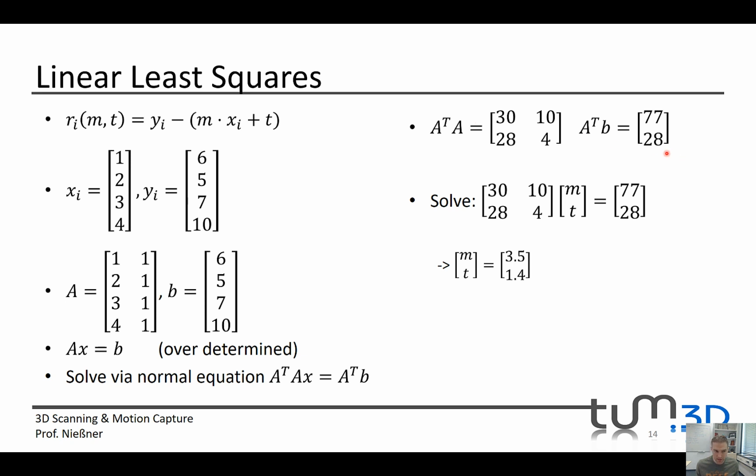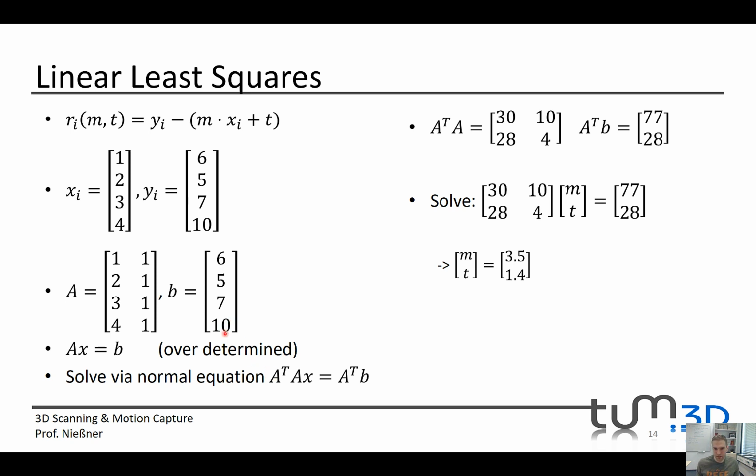Same thing for B: if you're multiplying B here with AT, you're going to get a two-dimensional vector as output. And now this is a square matrix, and this least squares problem here, this normal equation, actually is a well-defined problem because we have two unknowns and we have two equations, right?